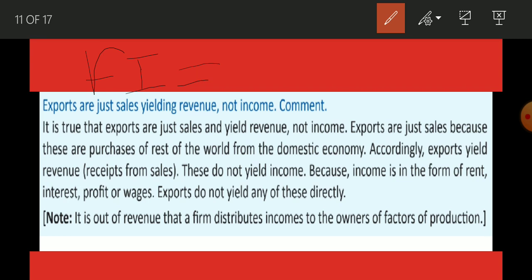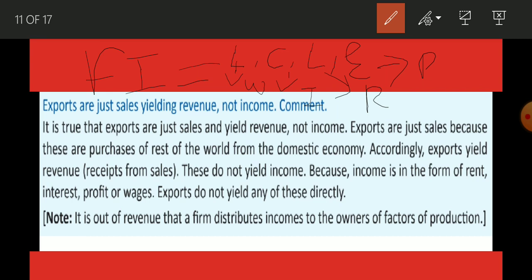So what are the four factors of production? Labor, capital, land, entrepreneur. Labor gets wage, capital gets interest, land gets rent, and entrepreneur gets profit. These are only considered as income. Export is the money we get when we sell our commodities to another country. So that is why it is not considered as factor income. Okay, so look at what answer is given here.